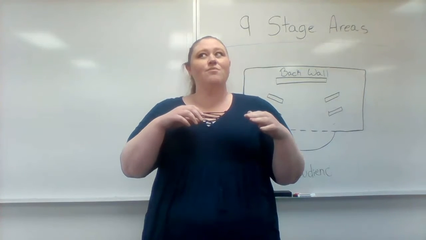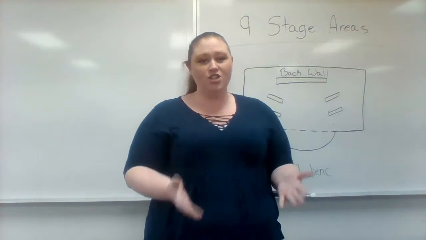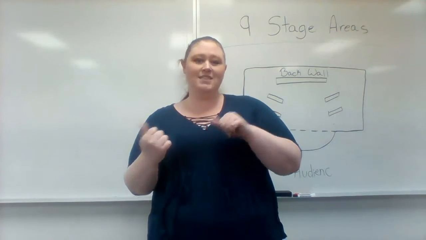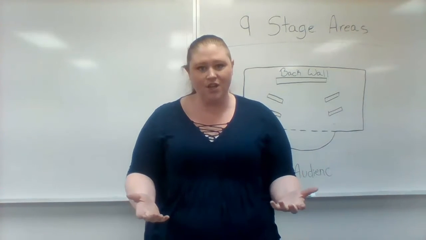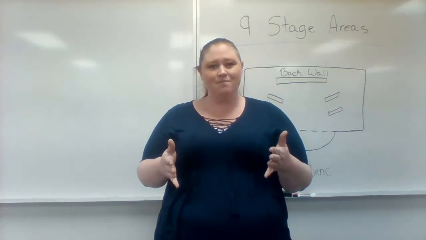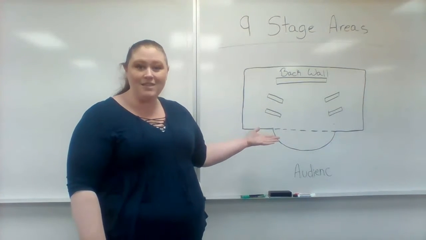Now, it's not enough to just know those four basic cardinal directions: up, down, stage right, stage left. We have to have some sort of combination of those so that the performers know exactly where to stand on stage. So we divide the stage area into 9 parts.